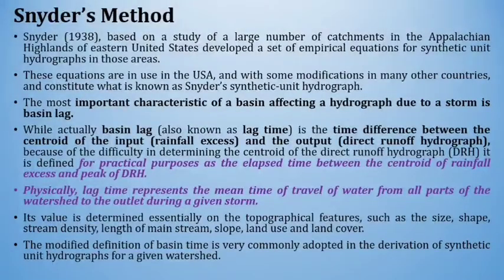Our next topic is Snyder method. In this video, it explains its definition and methods. In 1938, based on a study of a large number of catchments in the Appalachian highlands of eastern United States, Snyder developed a set of empirical equations for synthetic unit hydrographs in those areas.